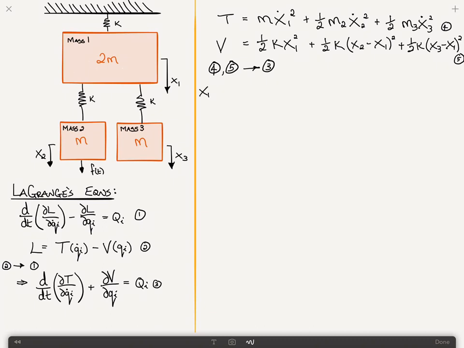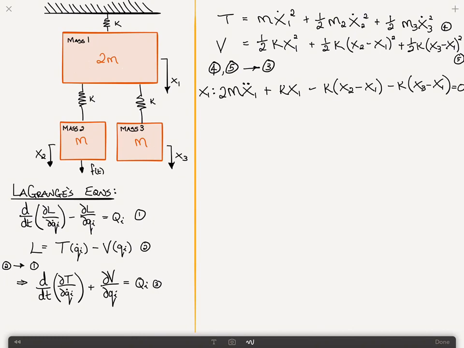So in the case of the x1 coordinate, we find that it's only this term of the kinetic energy that contributes, so it's 2m, I should say, x1 double dot, and then from the potential energy plus k x1 minus k (x2 minus x1), and then minus k (x3 minus x1), and that is equal to 0.